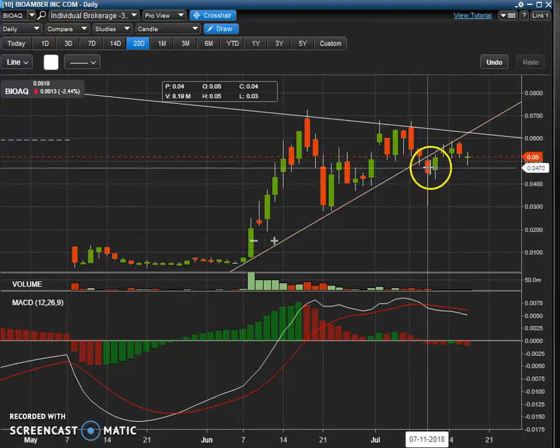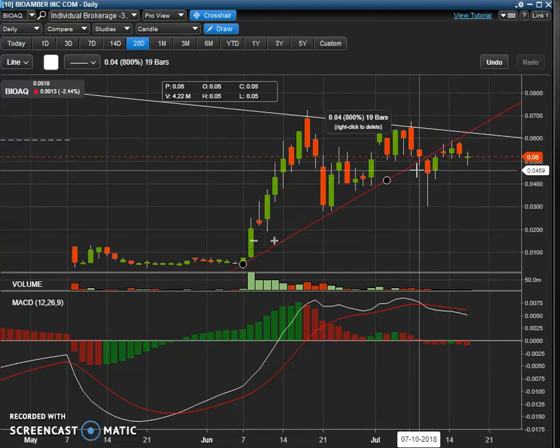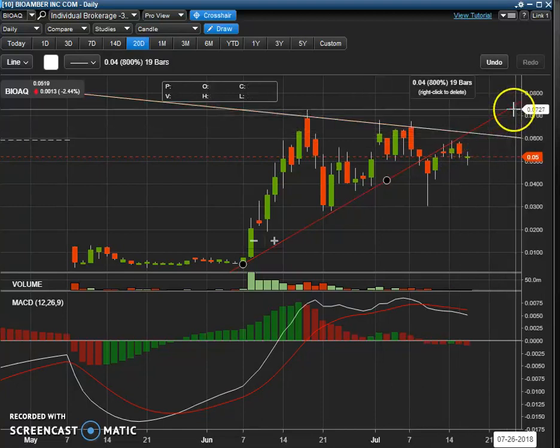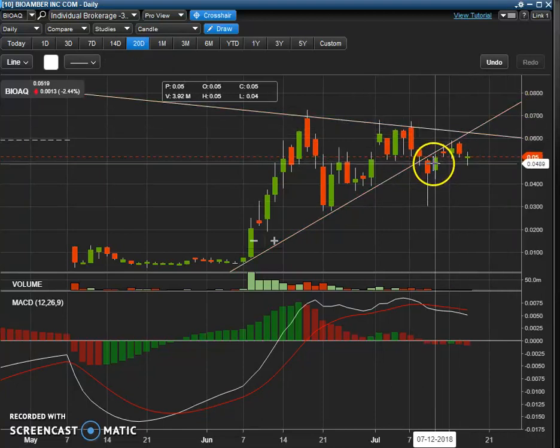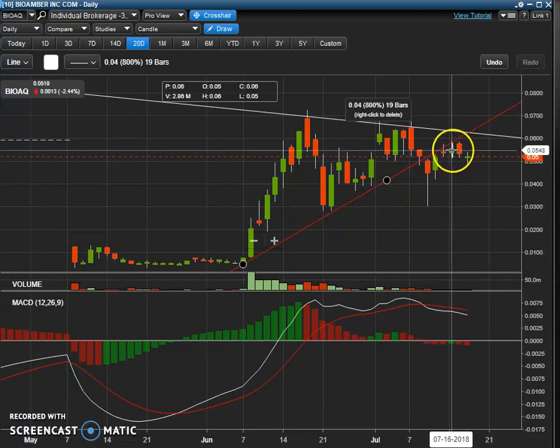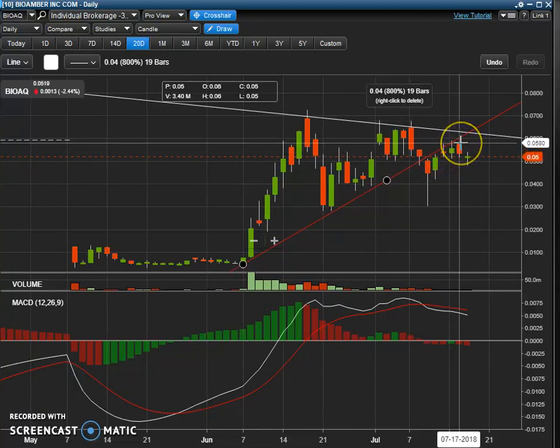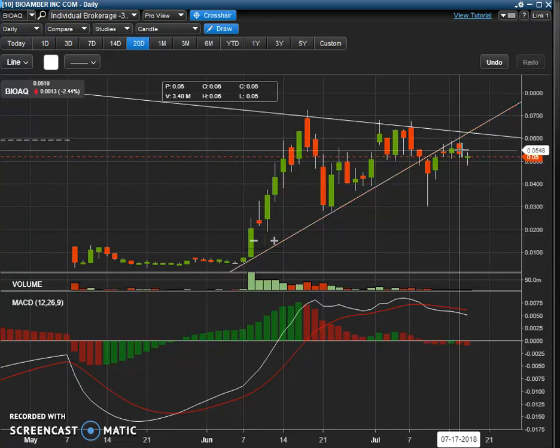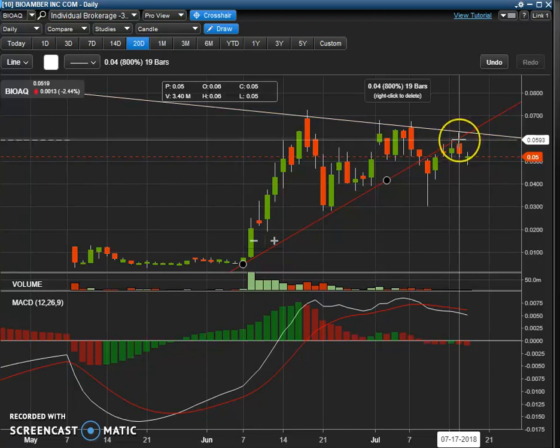The hammer confirmed support again. However, the uptrend is above the price action movements right now. And you can see right here, when I told you let's take a step back and talk about the uptrend, this candlestick formed a resistance below the uptrend.